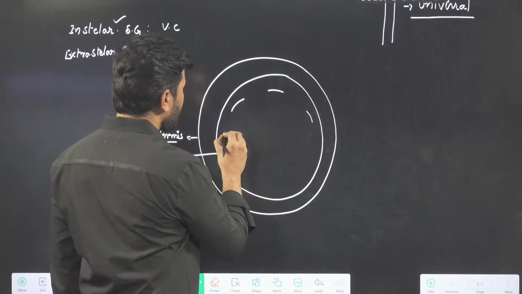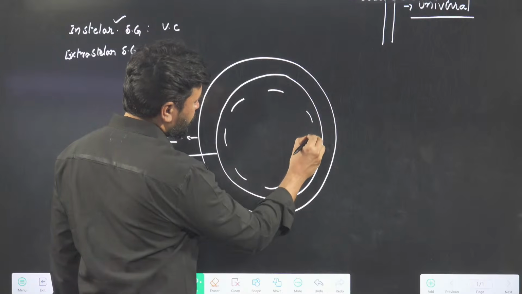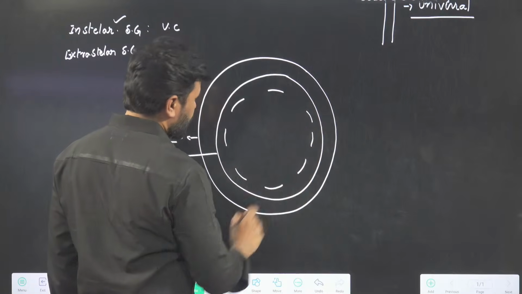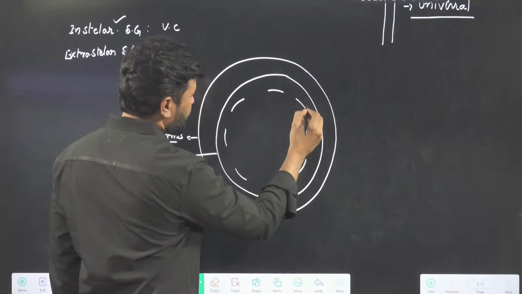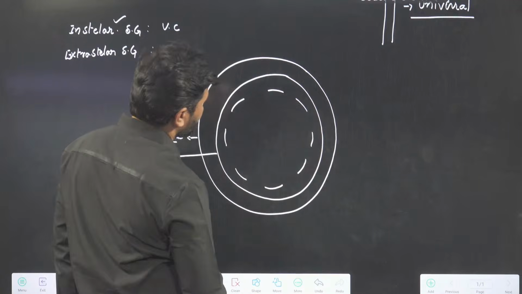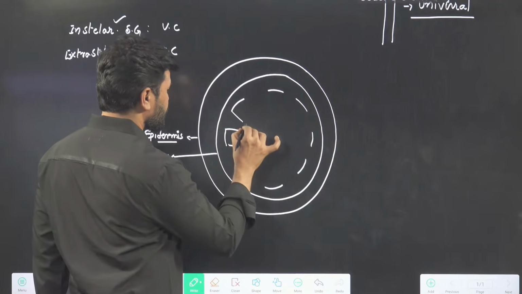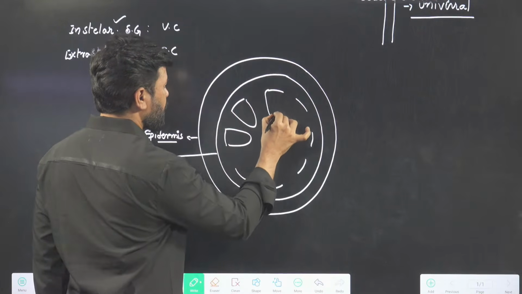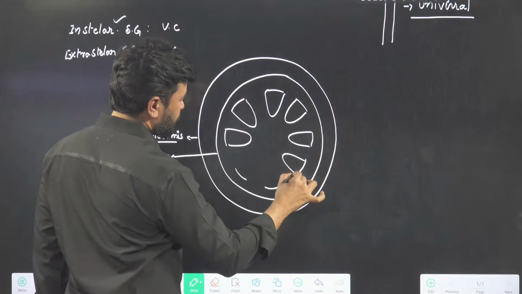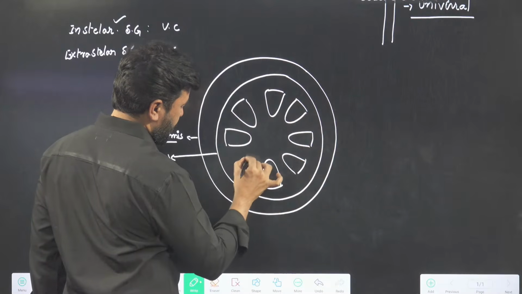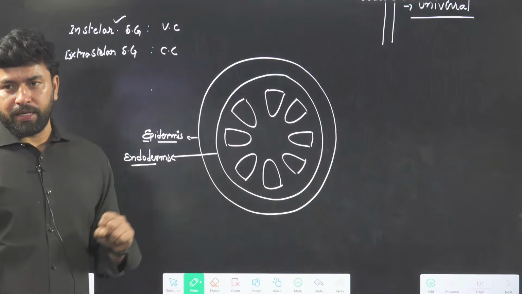The ring-like presence of vascular bundles is a characteristic feature of angiosperms. In that case, the vascular bundles I am writing like this. These are vascular bundles. These are all a ring-like arrangement of vascular bundles.